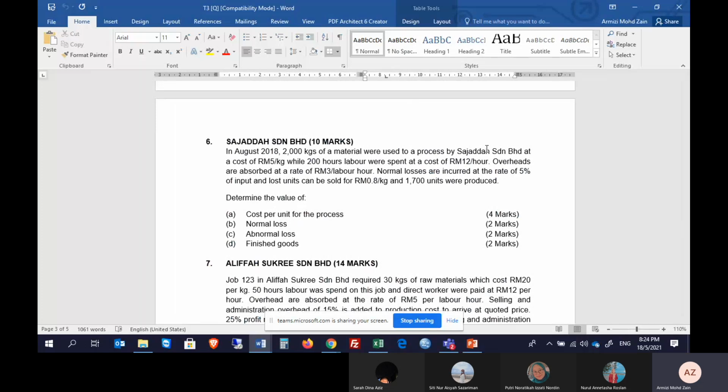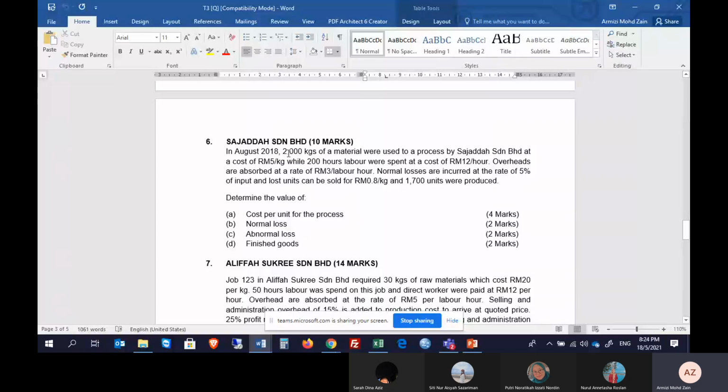Overhead is absorbed at the rate of RM3 per labor hour. Normal losses are incurred at the rate of 5% of input, and loss units can be sold for RM0.8 per kg, and 1,700 units were produced.